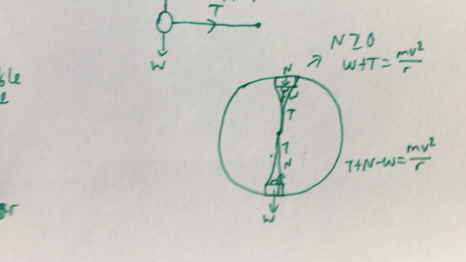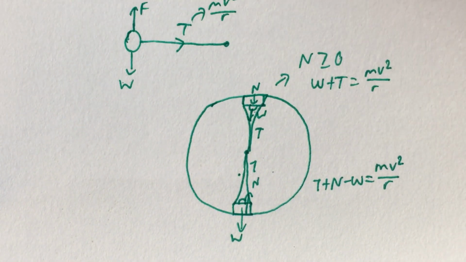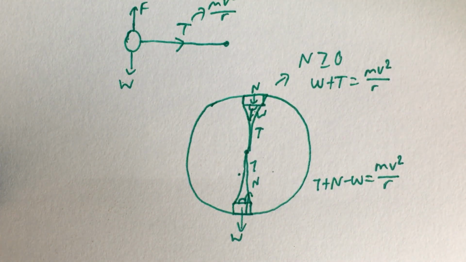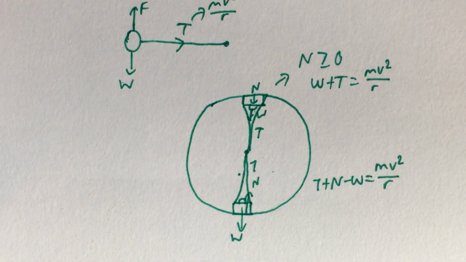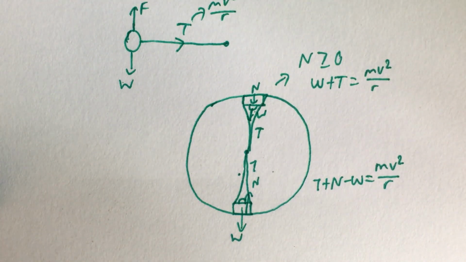So in this scenario, the tension of the string actually changes because the normal force is changing. But the weight of the ball will not change, so that's the constant here. And the centripetal force magnitude will not change either, because that is also constant in terms of our calculation. So you can use this to find the tension at the two different heights.